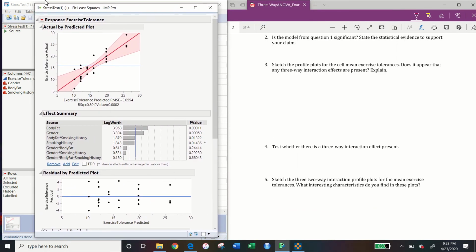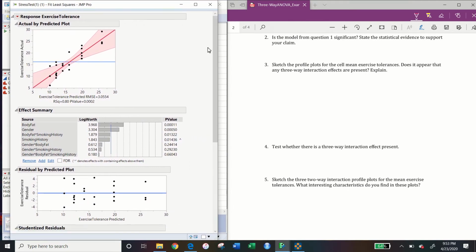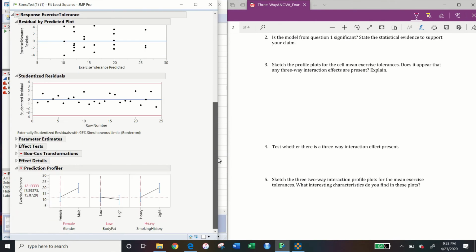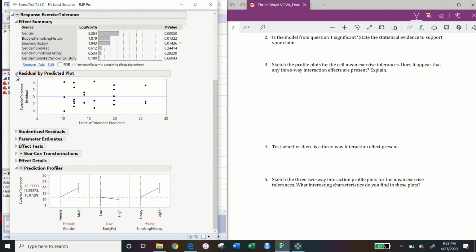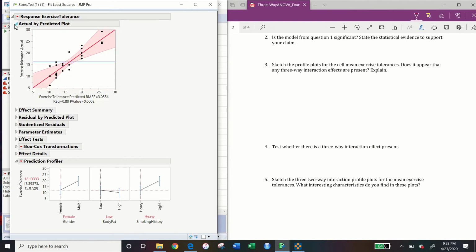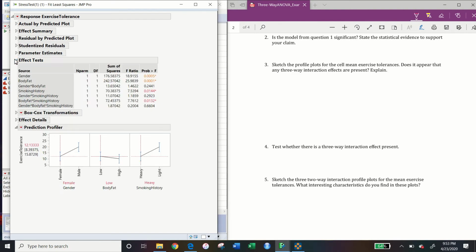Now we have our stress test least squares output. A lot of this information we're really not going to need, at least to answer this, like the studentized residuals. I don't believe you're asked to do anything with the residual plot, but there it is. The effects summary we don't need, but we will need the effects test, and it doesn't show up automatically.